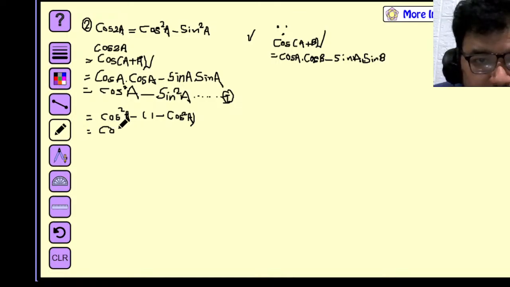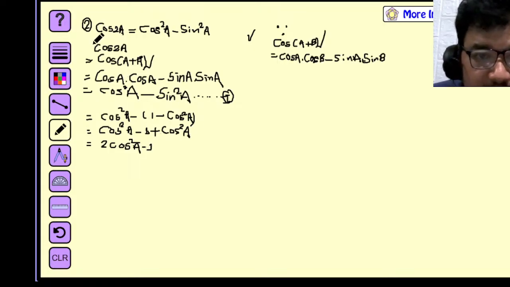Now when you remove this bracket, then it will be cos square A minus 1, and this minus will multiply to plus, and here cos square A. Now this cos square and this cos square are added, then it will be 2 cos square A minus 1.